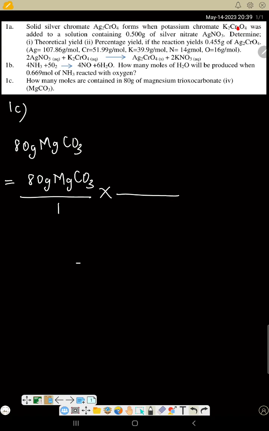We have 1 mole. So find the molar mass of MgCO3.